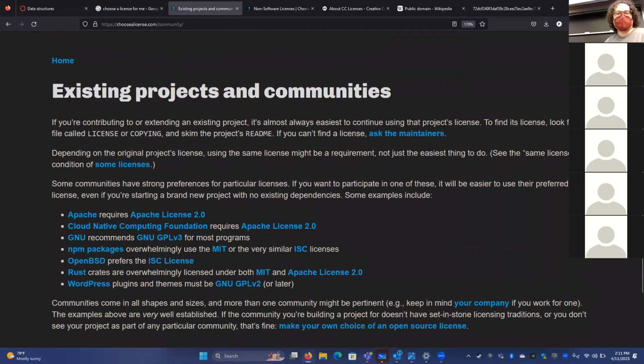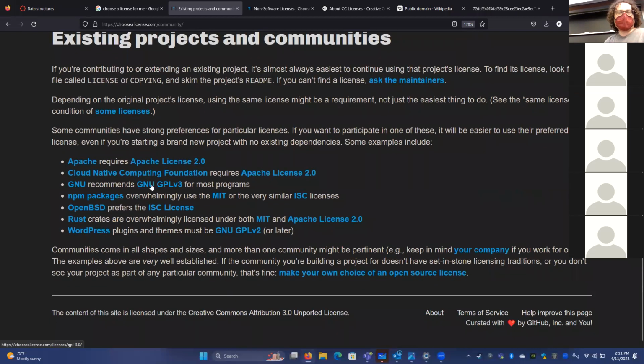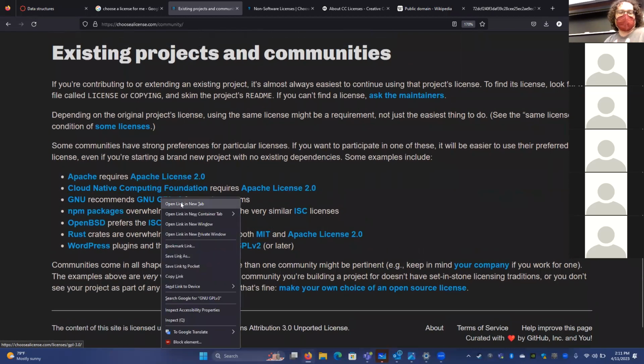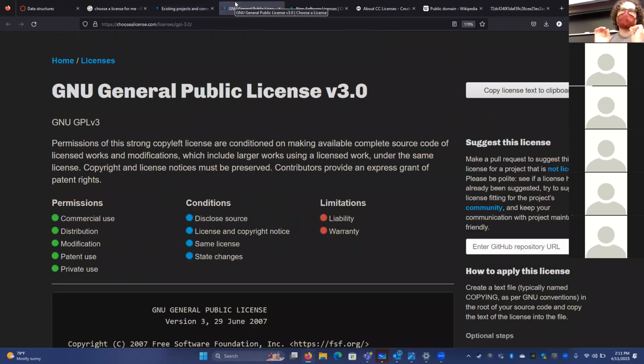Similarly, there's community licenses. GPL, the GNU Public License, which stands for GNU's Not Unix, is, as I understand it, and I am not a lawyer, so take whatever I say with a grain of salt. I am not a lawyer and I'm not qualified to make these statements, but that's not going to stop me anyway.